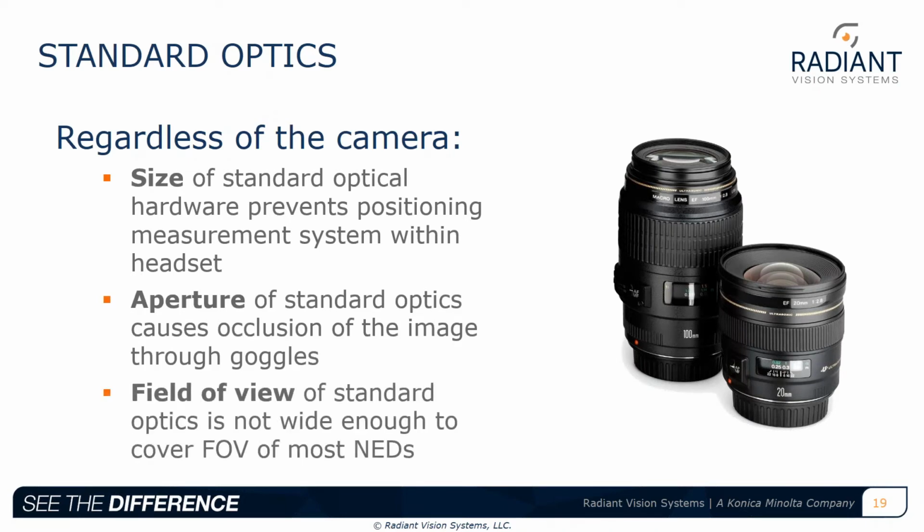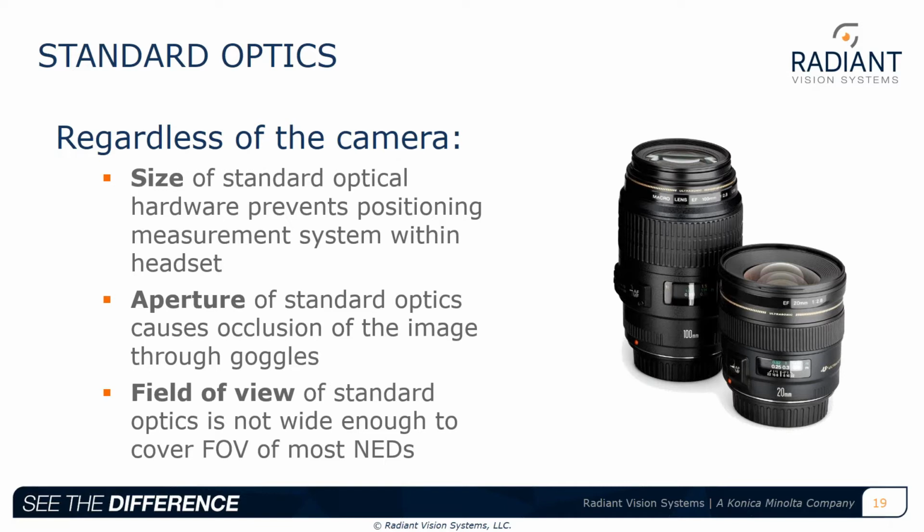Okay, let's talk a little bit about standard optics. There are obviously many different kinds of lens options available for cameras and photography. Radiant offers a series of lenses for its standard display inspection products, which are valid for regular displays depending on the field of view, the working distance, and the amount of light that's available on the display.